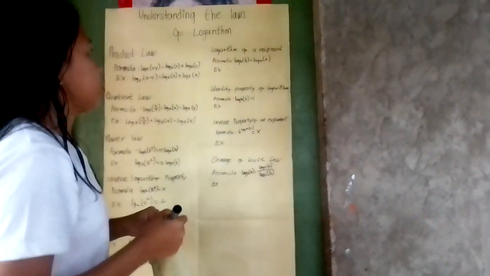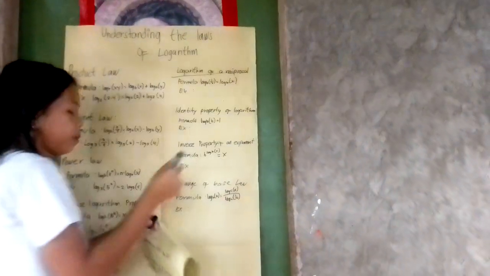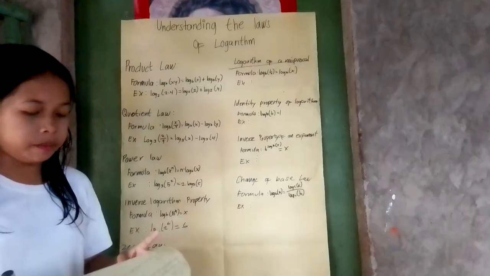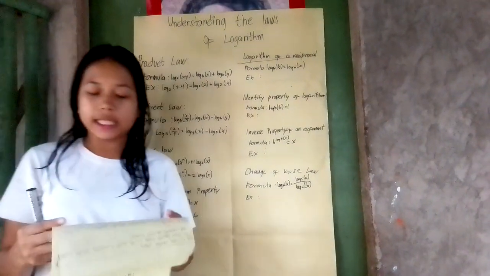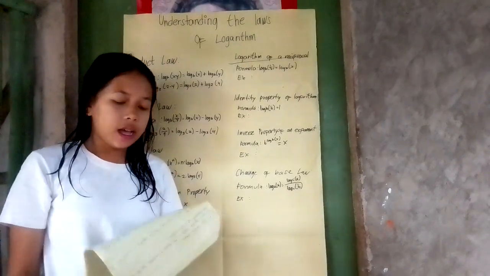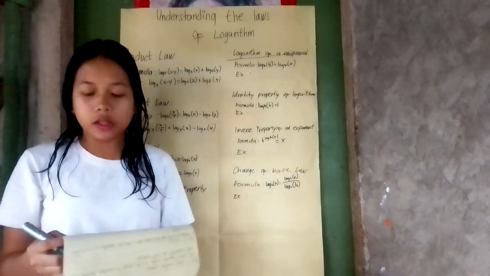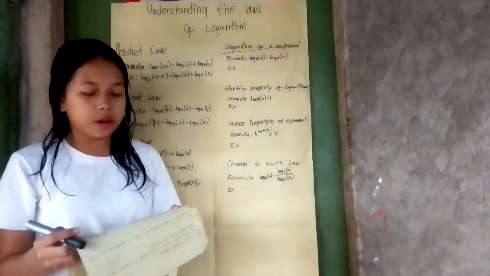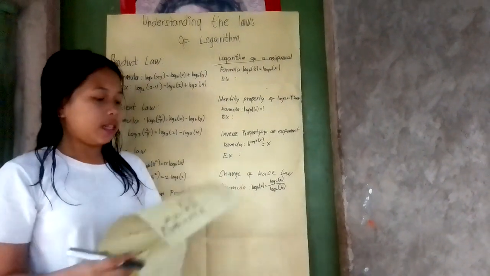So, let's move on to the logarithm of a reciprocal. The logarithm of a reciprocal tells us that the logarithm of the reciprocal of a number is equal to the negation of the logarithm of the original number.